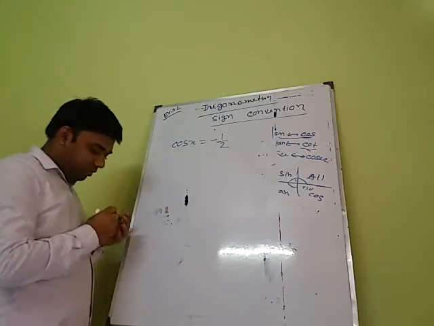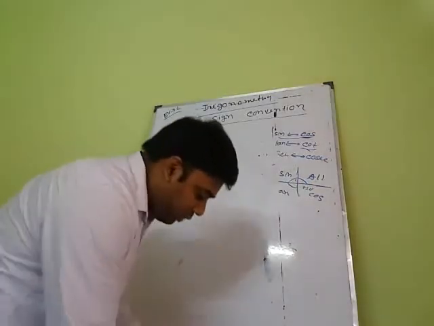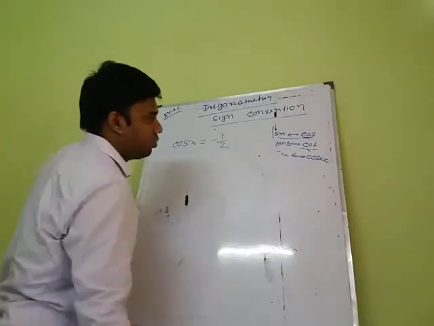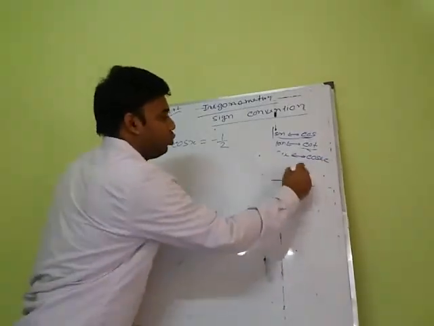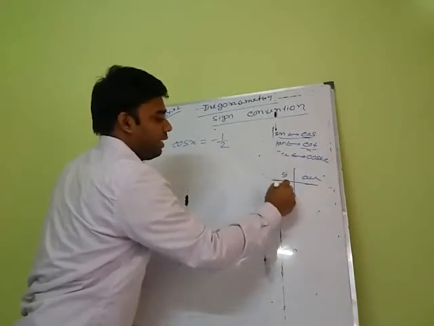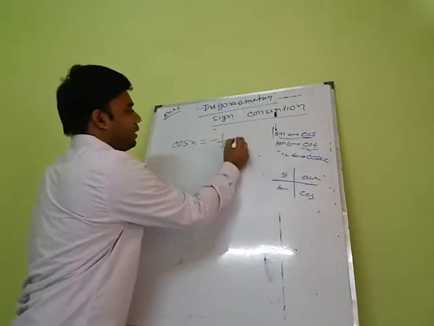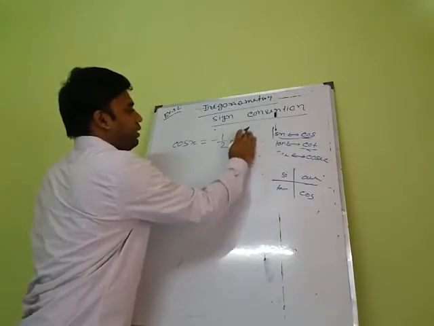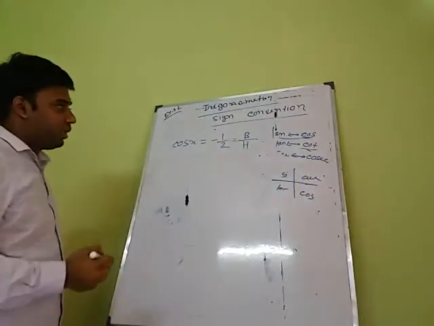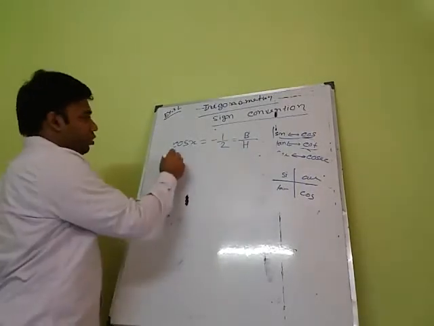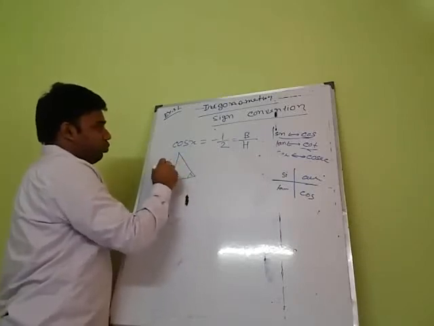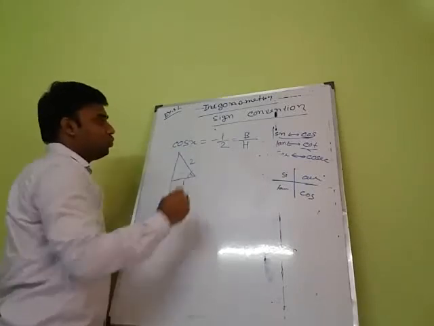Now we know that, consider it without sign, that is 1 by 2. Cos theta means B by capital H. If I draw a triangle with angle x, the base is 1 and the hypotenuse is 2.